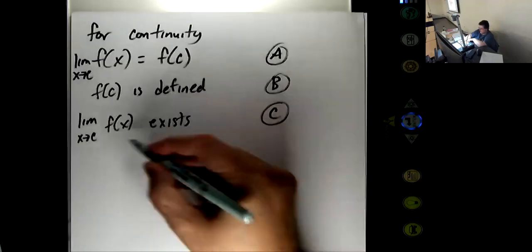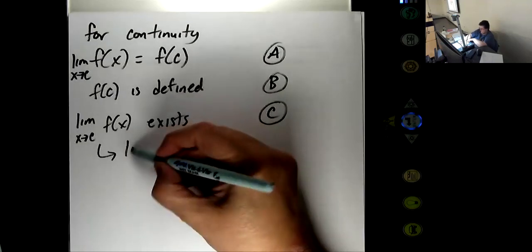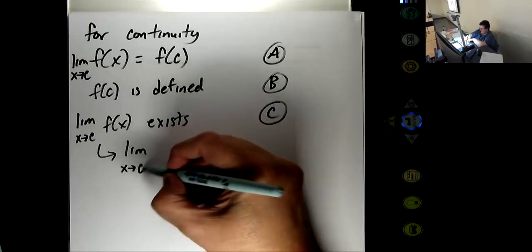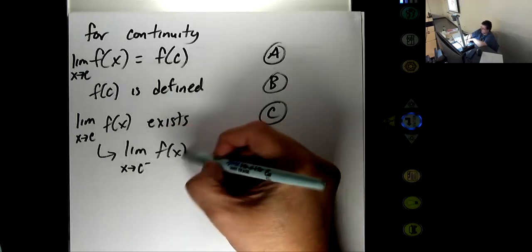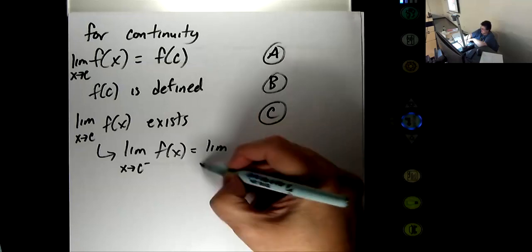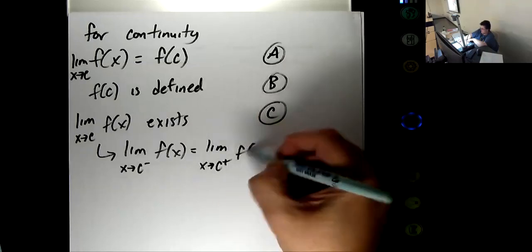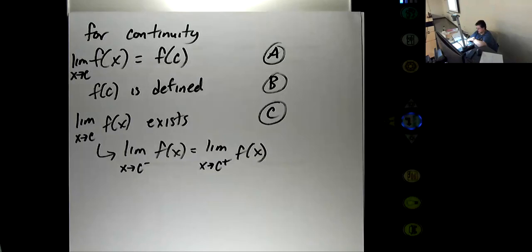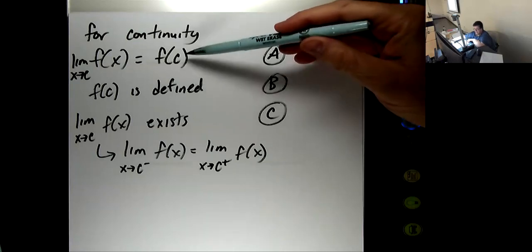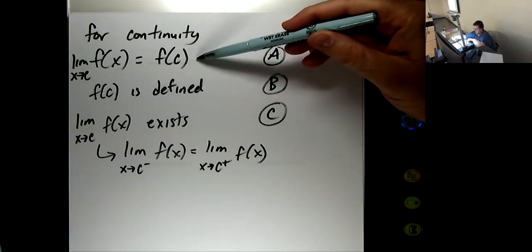We show this one exists by doing the limit as x approaches c from the left of f of x equals the limit as x approaches c from the right of f of x. That's how we show it exists. For a limit to exist, it does not need to do this one.